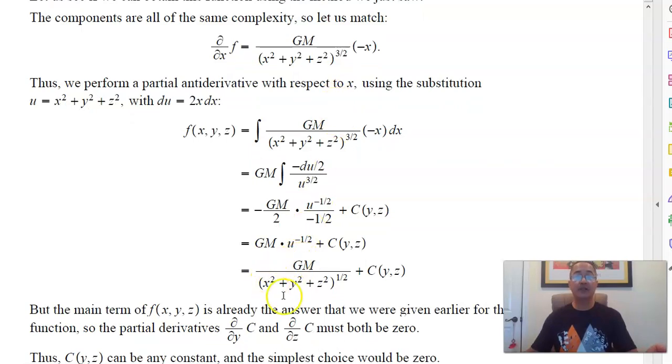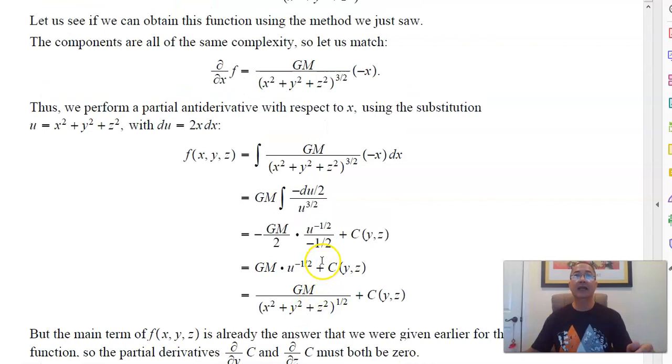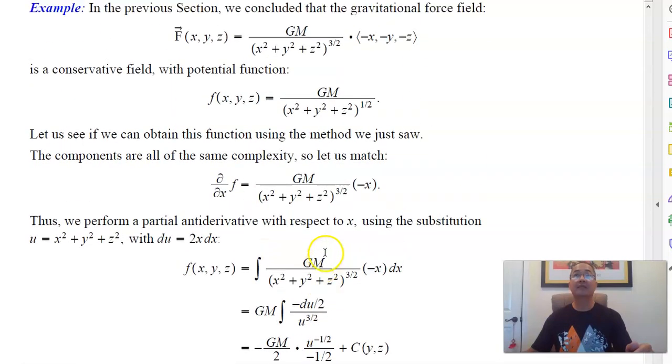So if you take the partial derivative of this with respect to y, what's going to happen? Well, we have 1 over something to the 1/2, so to the minus 1/2, so you get minus 1/2, this to the minus 3 halves, and then chain rule, you get a 2y, so the 2's cancel, and you do get the minus y that we want over here.